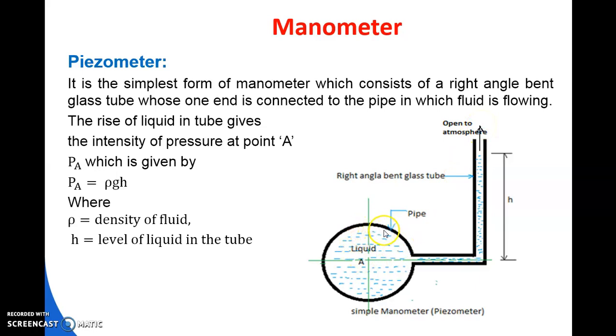The pressure inside the liquid is more. Now, while we attach the glass tube to the pipe, we find that due to the high pressure inside the pipe, the liquid rises up inside the right angle tube.